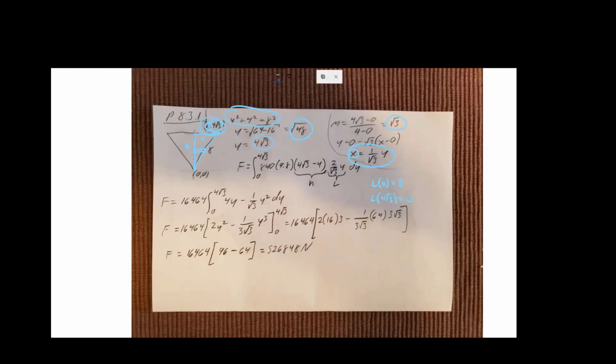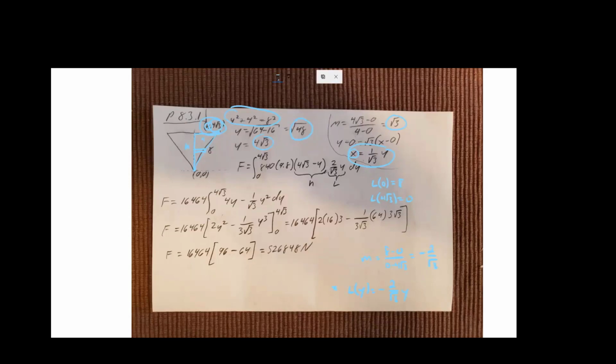And so I would have gone m is equal to 8 minus 0 over 0 minus 4 root 3, and I would have gotten a slope of 8 over 4, so that's negative 2 over root 3. Then the equation would have been L of y is equal to negative 2 over root 3 y.